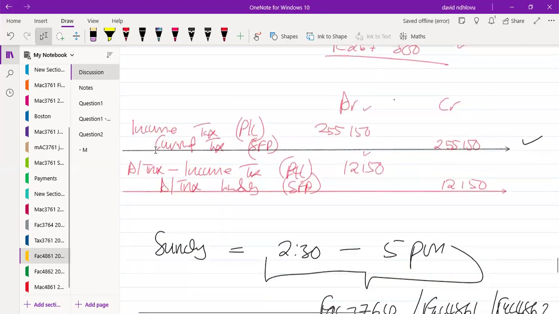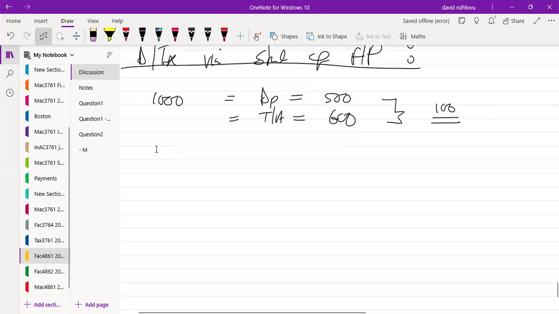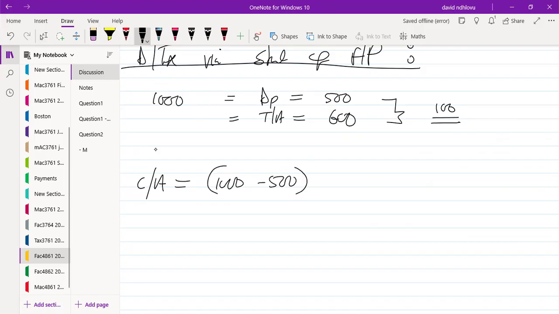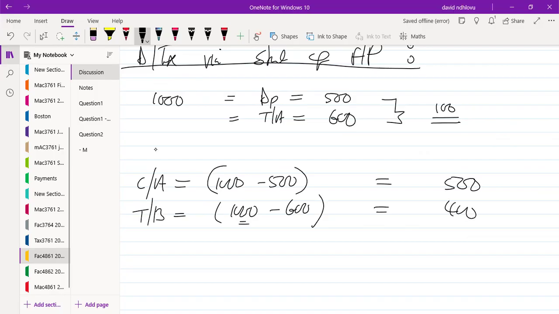It can also be captured by looking at the differences between the carrying amount of the asset in the statement of financial position and the tax base according to SARS. Now remember, carrying amount is 1,000 minus the depreciation, which gives me 500. The tax base of an asset in this instance would be the purchase price, which is 1,000, but less the tax allowances, which is going to give me 400.